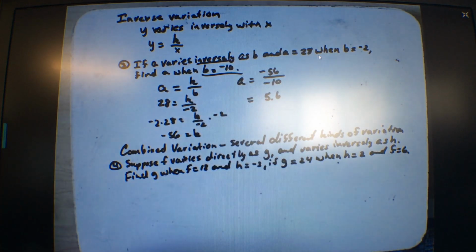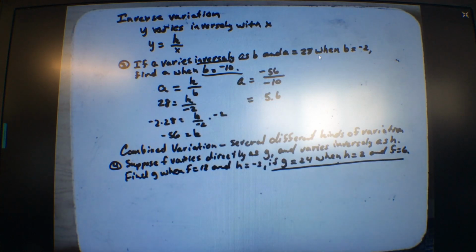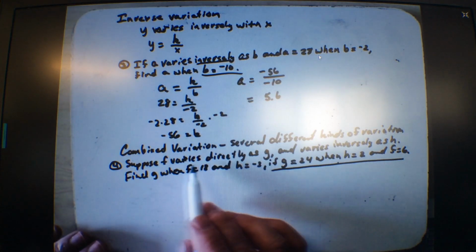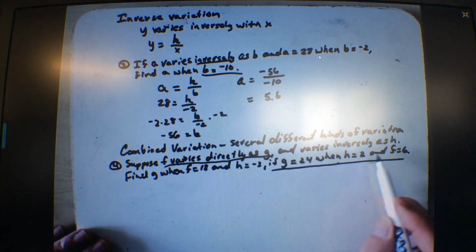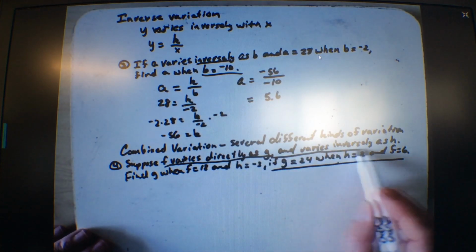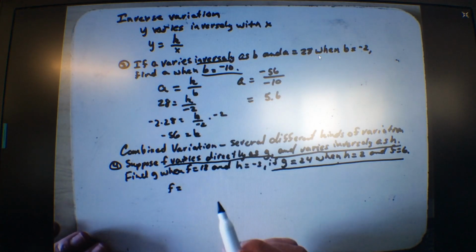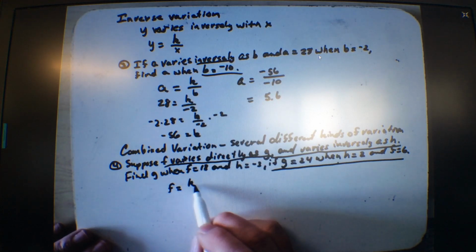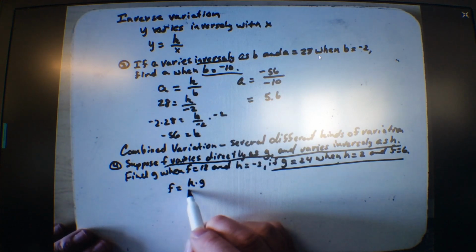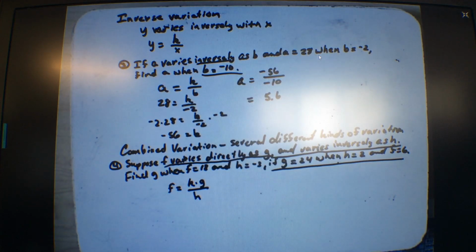Okay, once again, we use the back information right here to start, but I need to get an equation. I say F varies directly as G and varies inversely as H. So we've got to do those two things. So it would be F equals K times G over H. That makes sense?